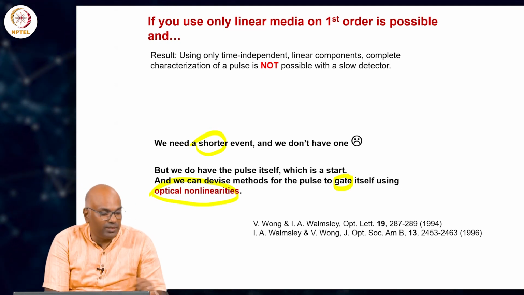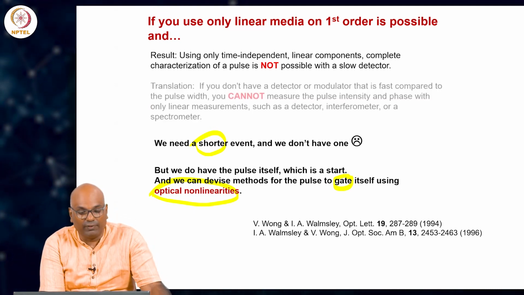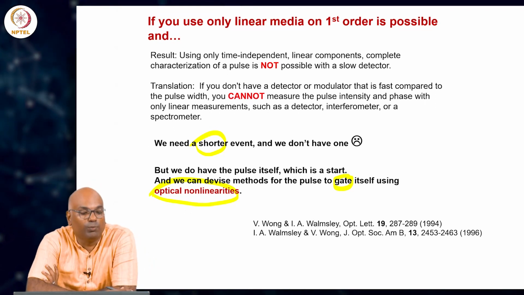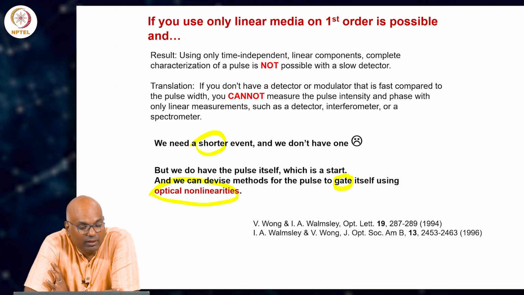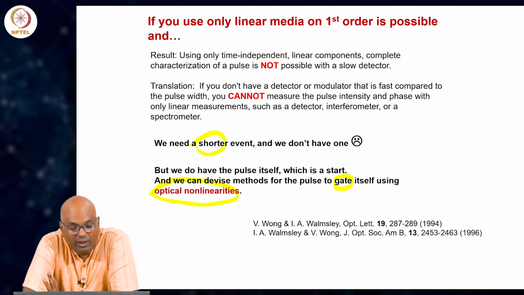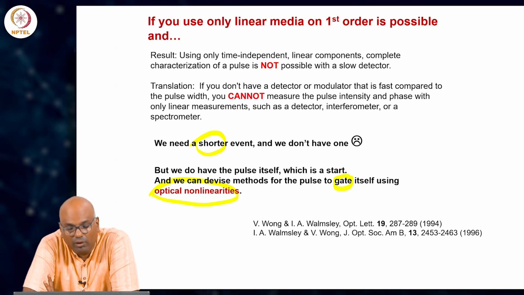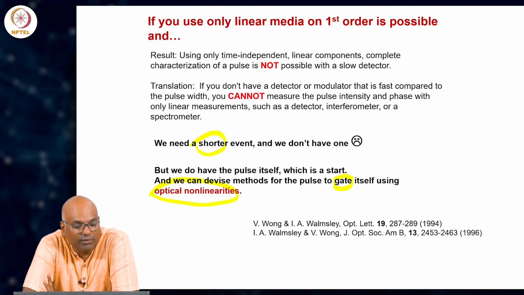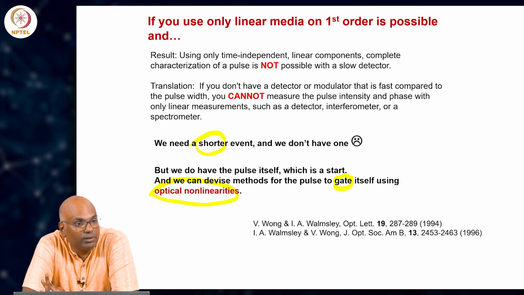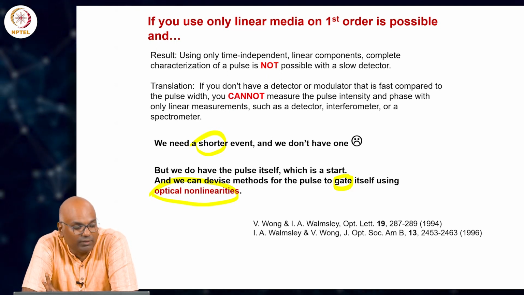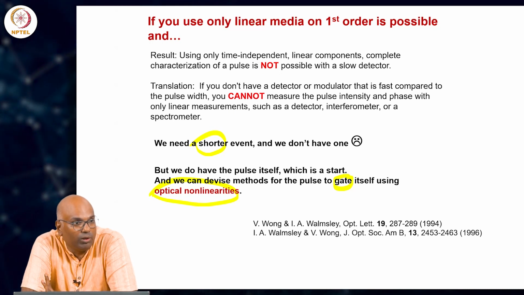This point needs some elaboration and we will come to making this point in a much more emphatic way. In other words, if you do not have a detector or a modulator that is fast compared to the pulse width, you cannot measure the intensity and the phase of the pulse, which is the only thing you can do in a linear measurement, okay, such as a detector, interferometer or even a spectrometer, all of which are linear.